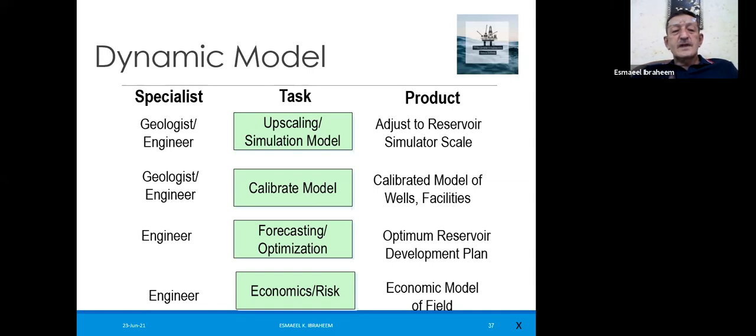So what is the dynamic model? The dynamic model also includes several tasks to be done. For example, upscaling a simulation model. This is done by a geologist and engineer to adjust to the reservoir simulator scale. You have a geologist and engineer also calibrating the model of wells and facilities. For example, the model will give you the volume of hydrocarbon you have down there.